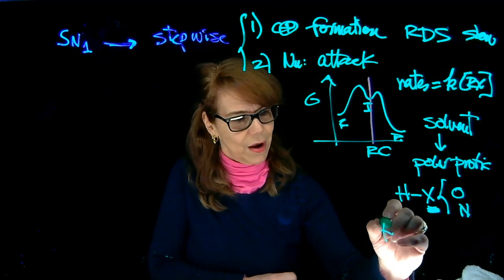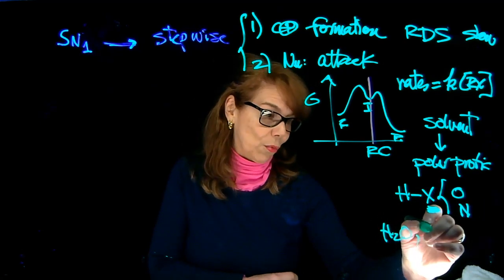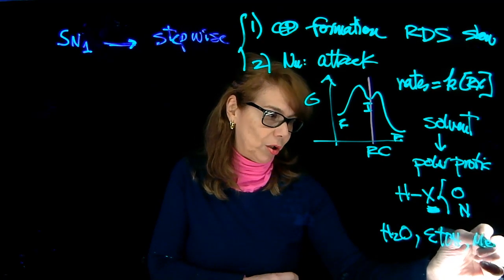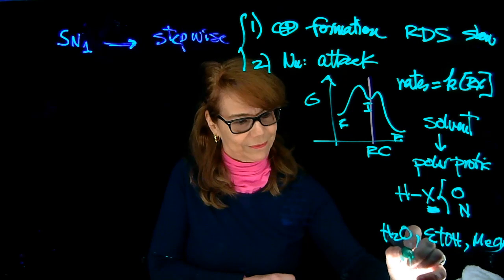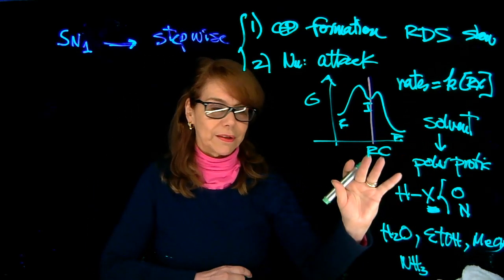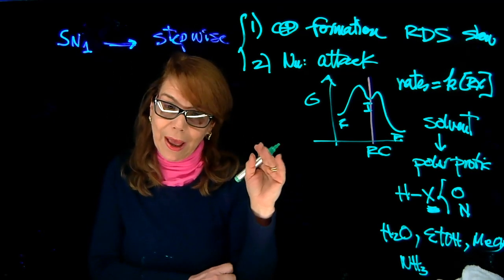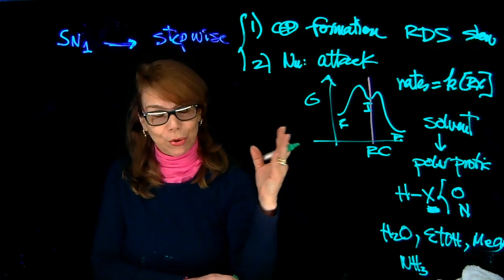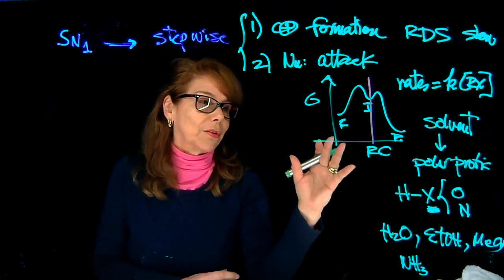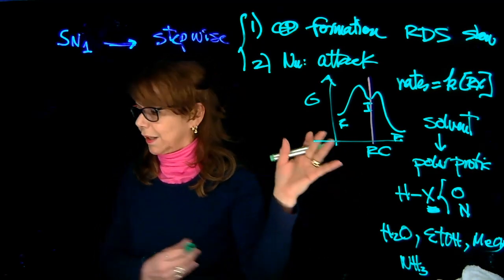So we can have as polar protic solvents water, ethanol, methanol, but you can also have ammonia and so forth. So that we need to recognize. This reaction can happen with weak nucleophiles, and also typically we carry those reactions out in polar protic solvents.